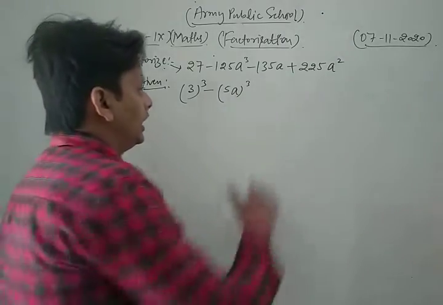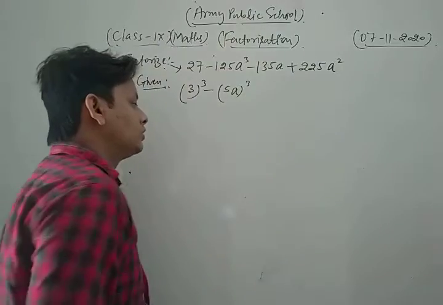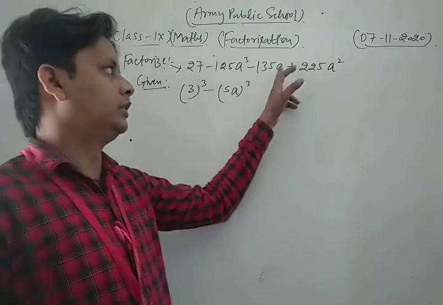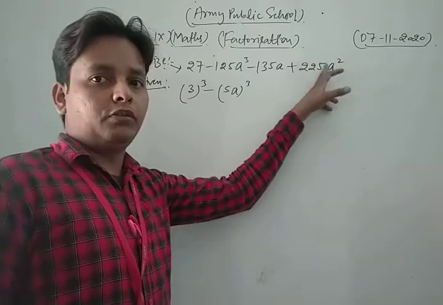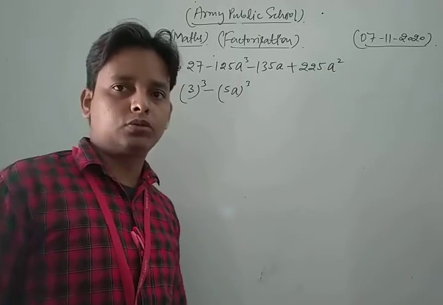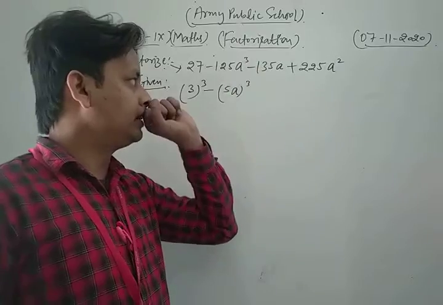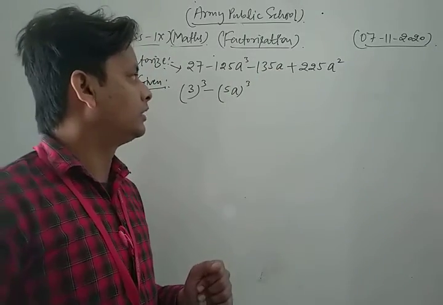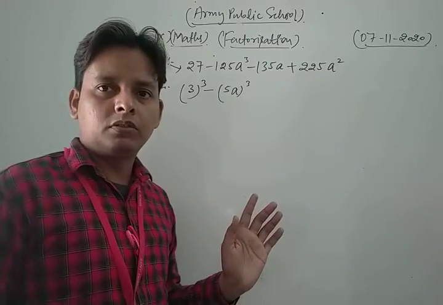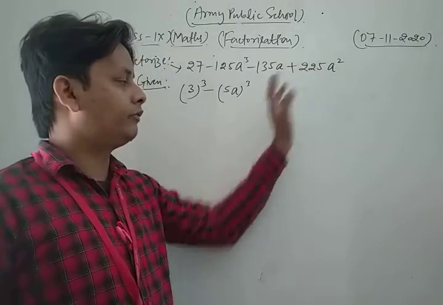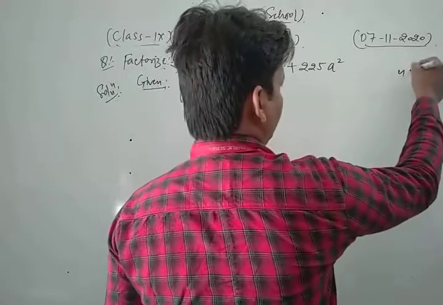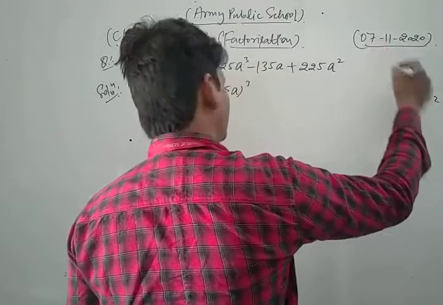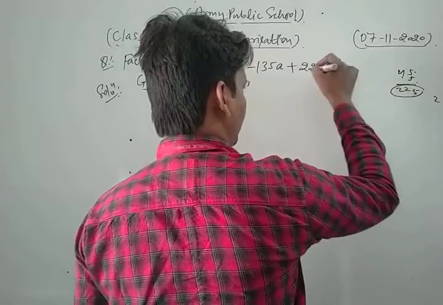Now between these two terms, what is the common value? This a is also common, and which is the highest common factor of these two terms? It means 45. Let's see. 45 3s are 135, and 45 5s are 225.